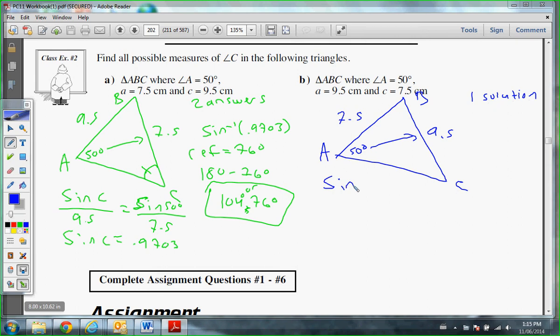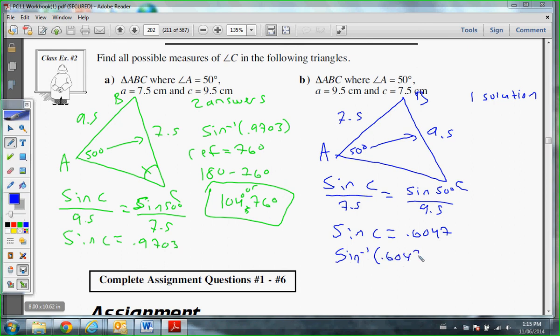Sine C over 7.5 equals sine 50 over 9.5, times the 7.5 over. Your sine C will kick out 0.6047. Take the inverse, and your reference angle kicks out to be 37. So that is your answer.